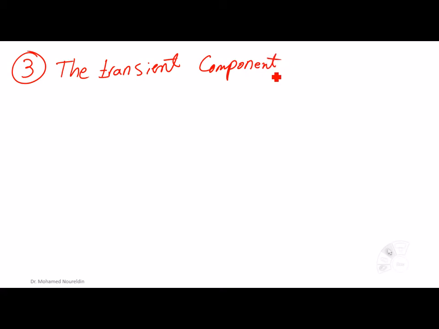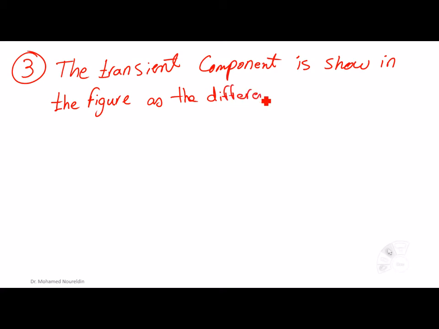Okay, note number 3, which is an important note also. The transient component is shown in the figure as the difference between the solid and dashed lines.